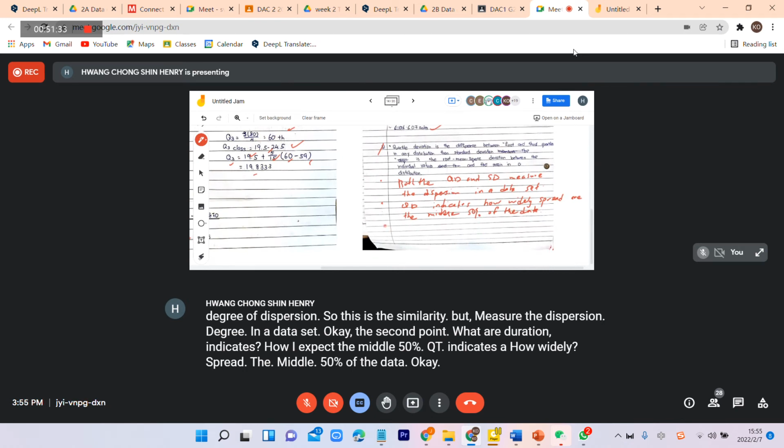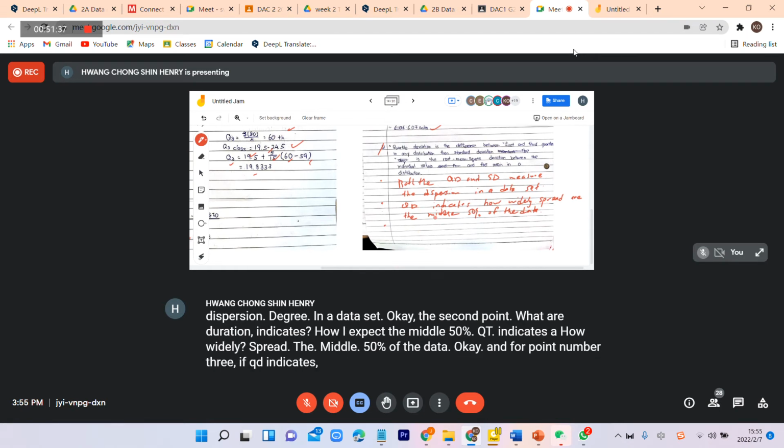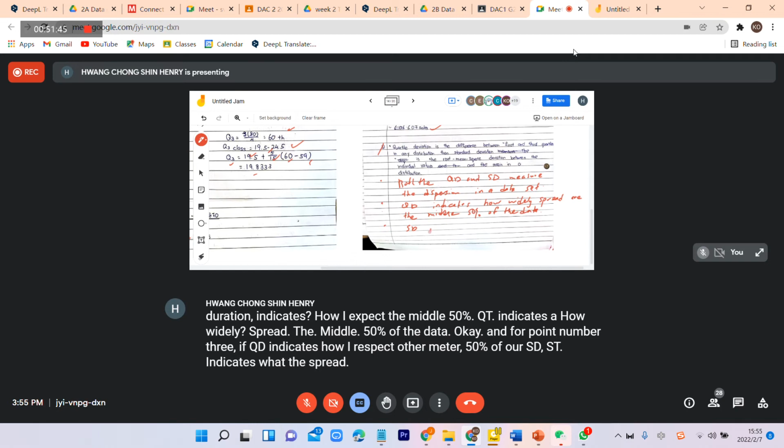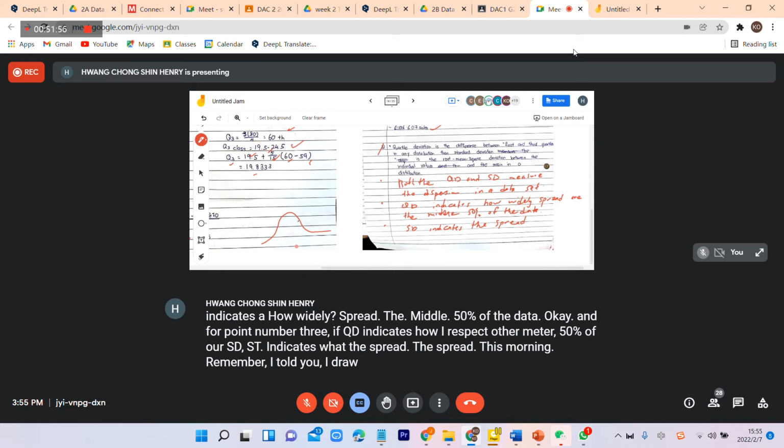For point number 3, if QD indicates how widely spread the middle 50% are, how about SD? SD indicates the spread. This morning, remember I drew this normal curve. Everyone, do you remember? This is your mean.